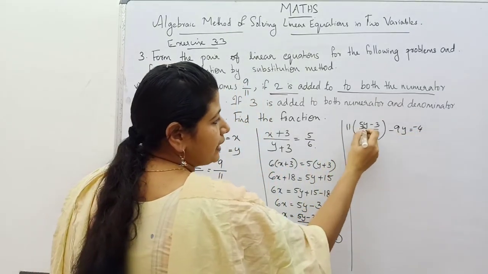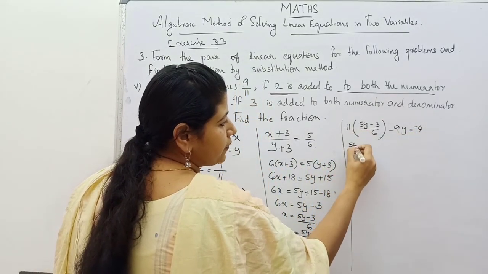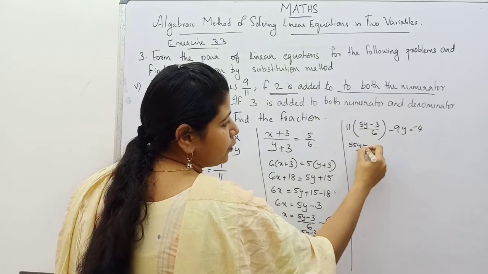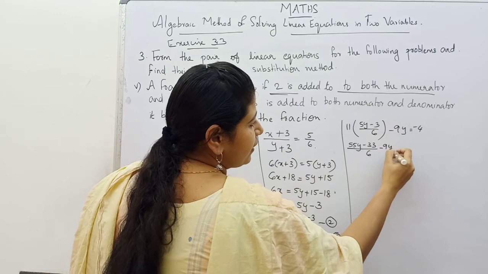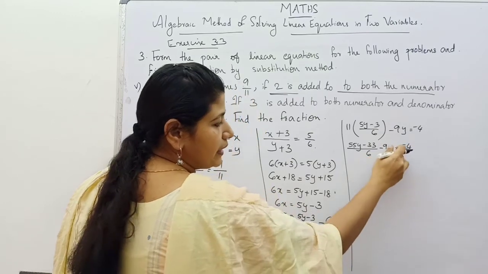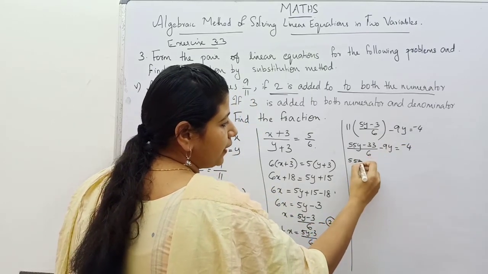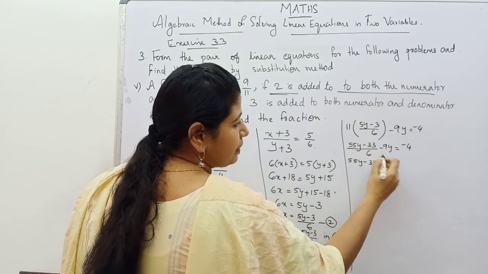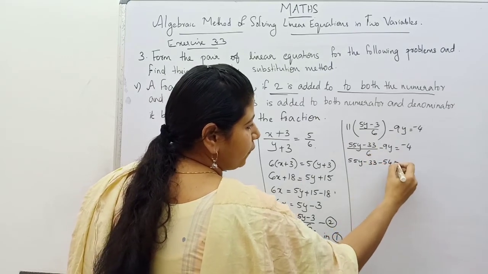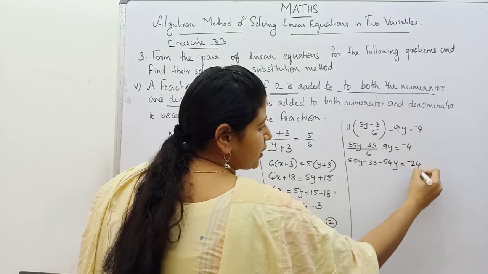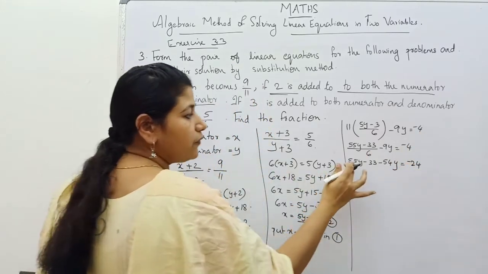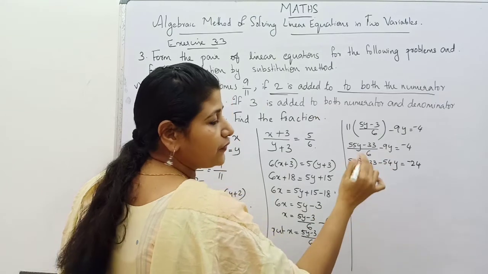Okay, just multiply with 11. 11 into 5 is 55y, minus 11 into 3 is 33, by 6, minus 9y equal to negative 4. Cross multiply with this 6. 55y minus 33 minus 9 into 6 is 54y. And this 6 will go to that side, then it will be negative 24, 6 into 4 is 24. 55y minus 54y is 1y.